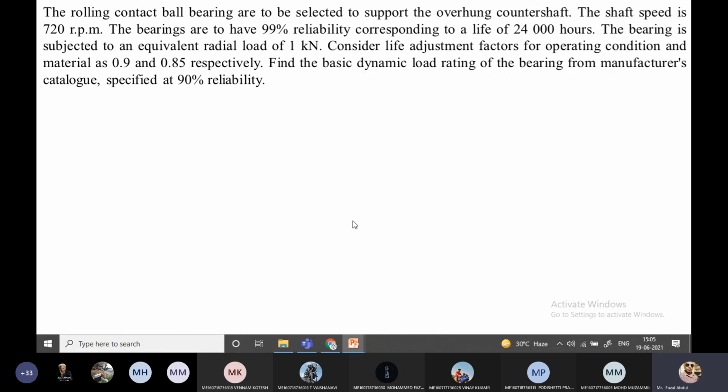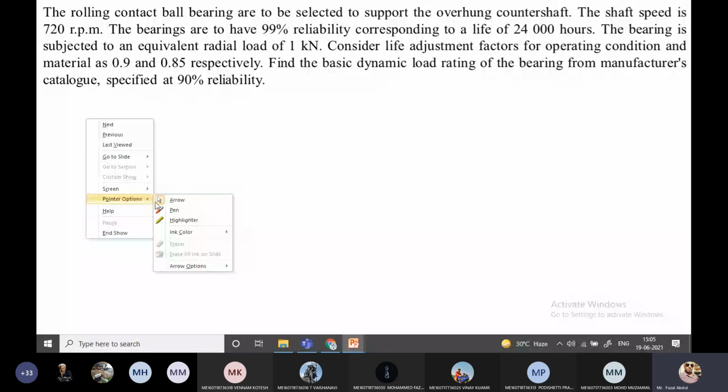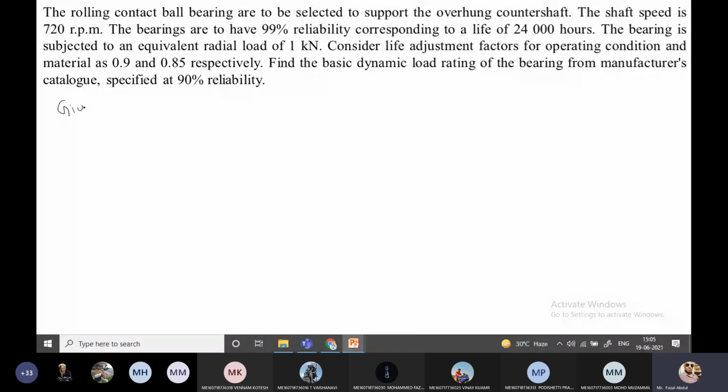So see here, I'm writing the given data. Rolling contact bearings are to be selected to support an overhang crankshaft. The shaft speed is given as 720 rpm.